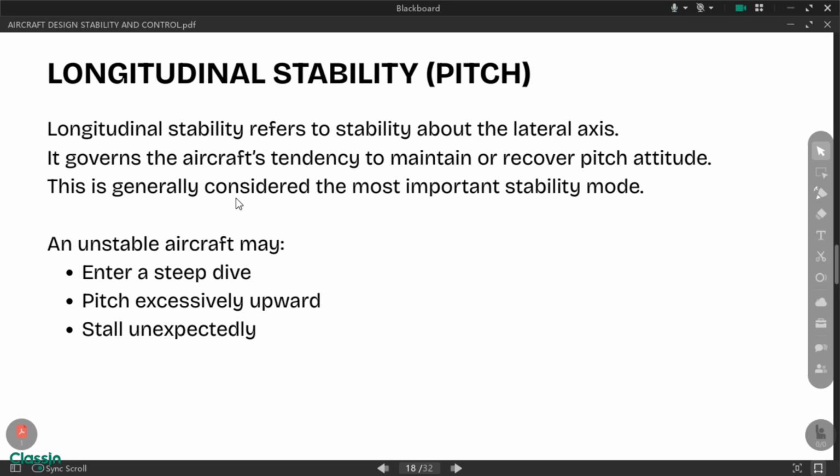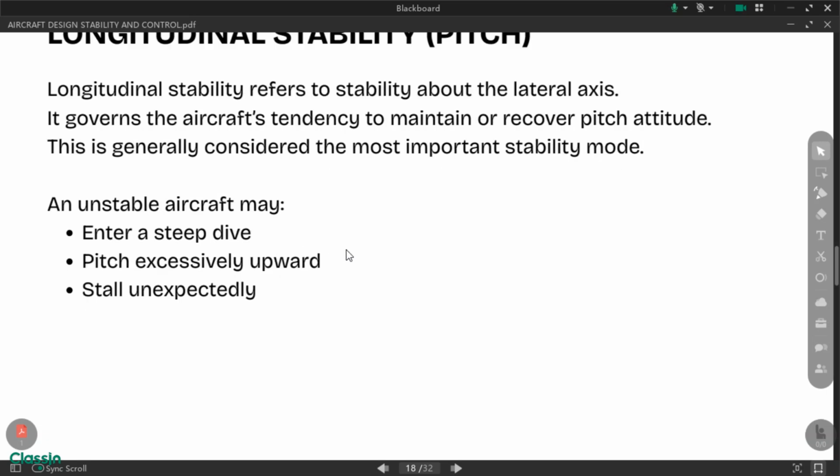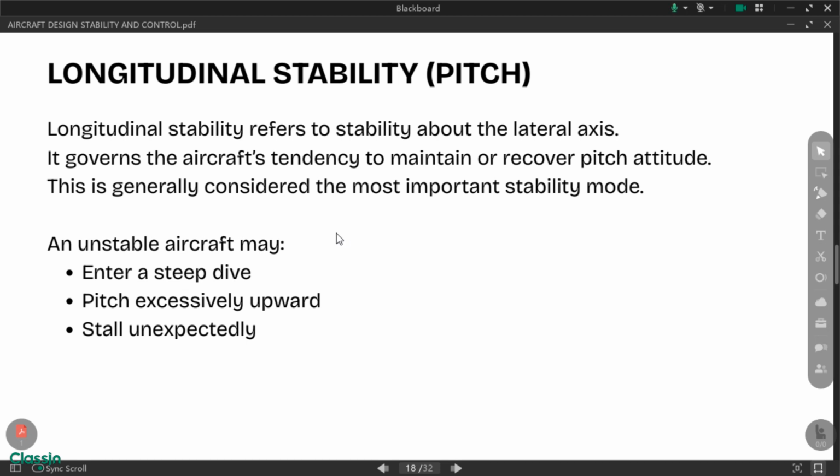So, if an aircraft lacks longitudinal stability, yung aircraft natin, they may enter yung steep climb or steep dive or mag-i-stall yung aircraft natin or yun nga, mahirap sila kontrolin. Because yung pitch natin, it directly affects yung angle of attack natin, which again affects yung lift, drag, pati yung mga stall behavior natin.